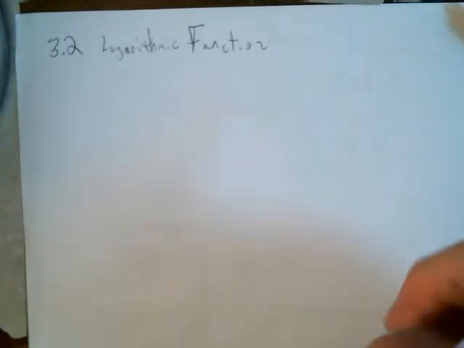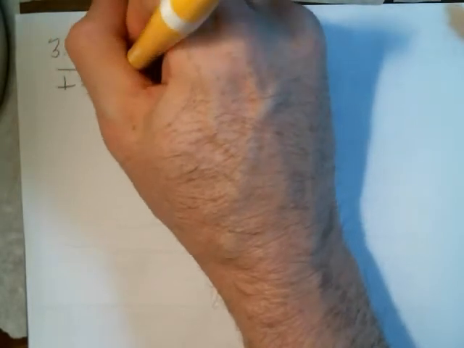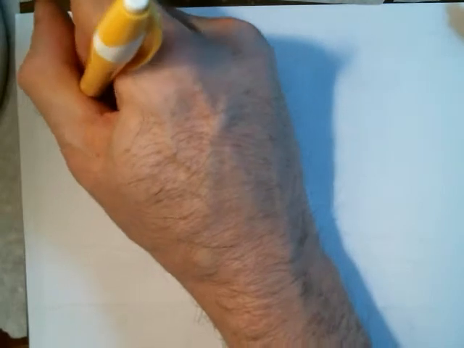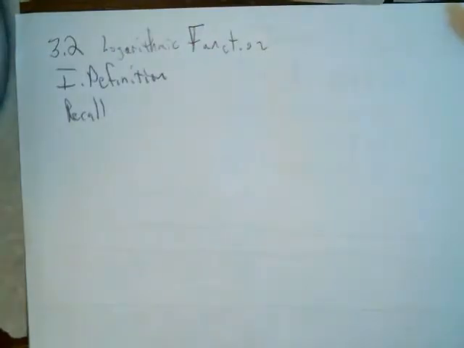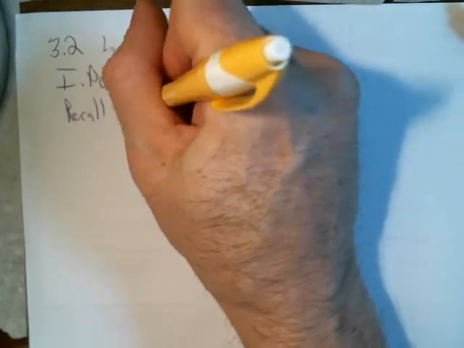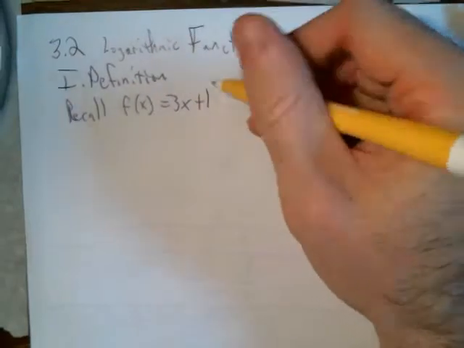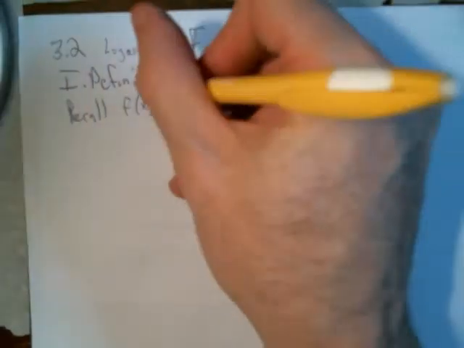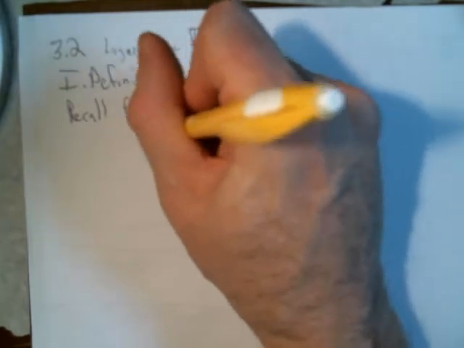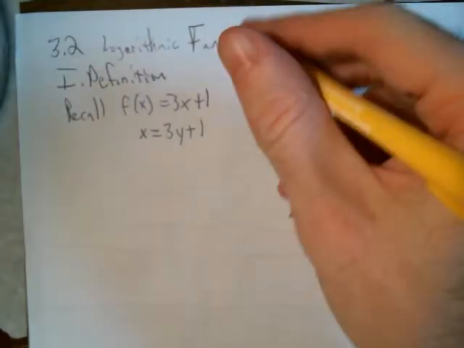Okay. So first off, to define these things, we recall how finding inverses works. So if you had f of x equals 3x plus 1, and this thing is one-to-one and invertible, then we could swap the x and the y, so you have x equals 3y plus 1 now, and then solve for y.